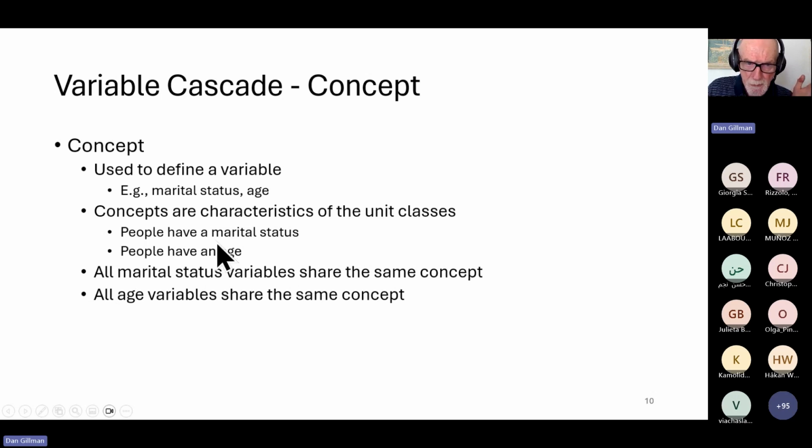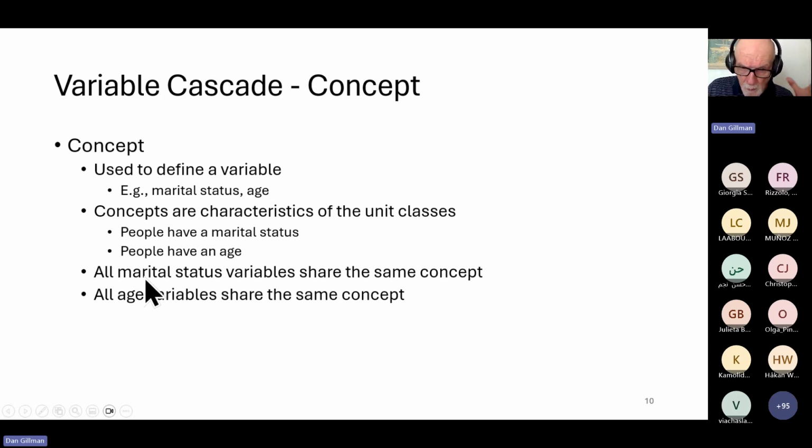So the concept level is used to define a variable. For instance, what do we mean by marital status? What do we mean by age? And these are characteristics of the unit classes. So people have a marital status. People have an age. Age could also be applied to other unit types too.